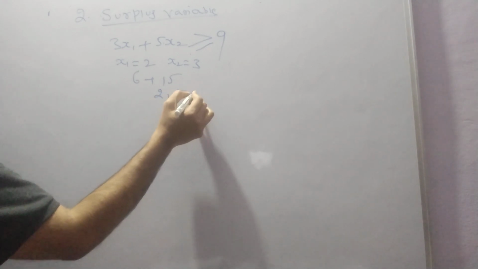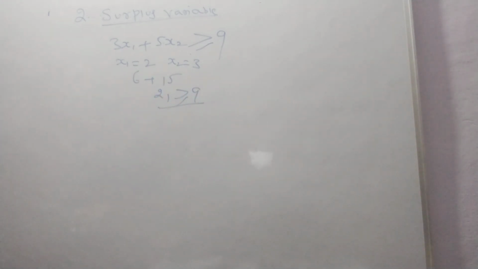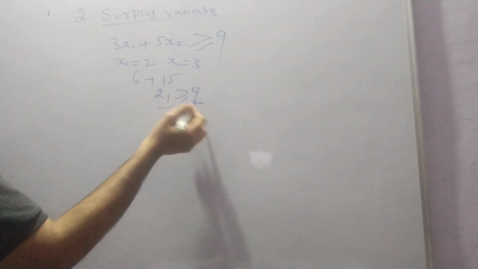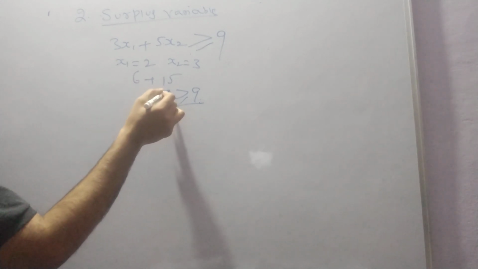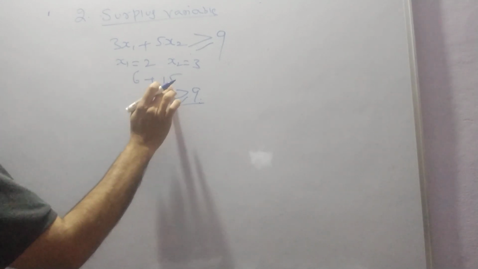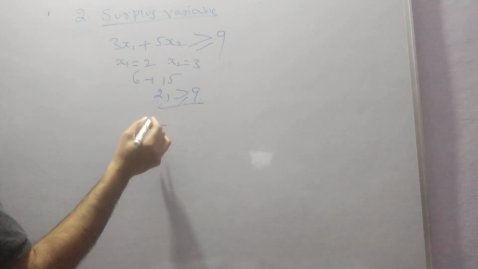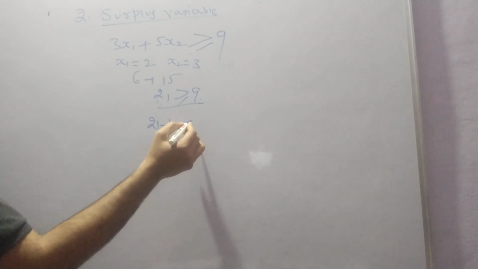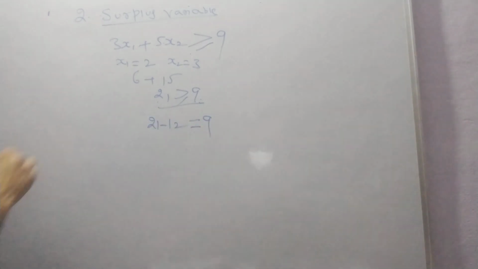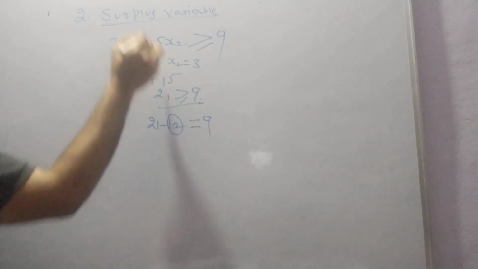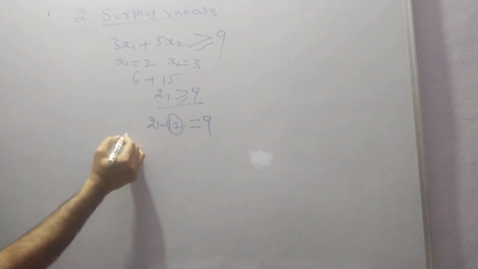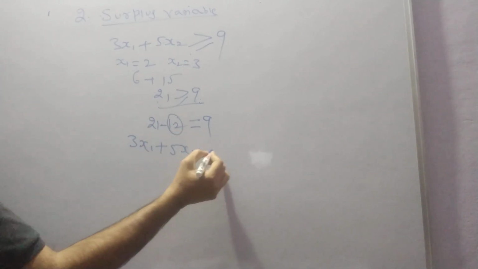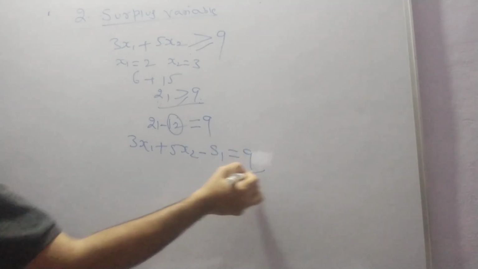Value greater than 9. Now 21 and 9, to make these two values equal, here I have to subtract some value. What is that value? 21 minus 9 is 12. Then this is equal to 9. So this 12 is known as surplus variable. Now 3x1 plus 5x2, here I have to subtract, minus s1 equal to 9.